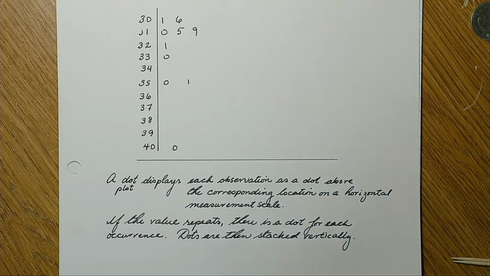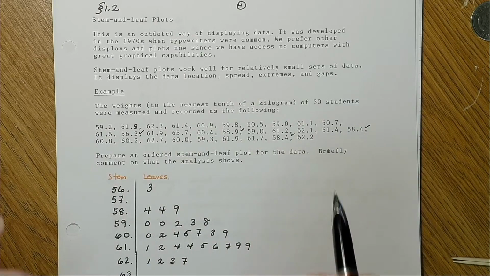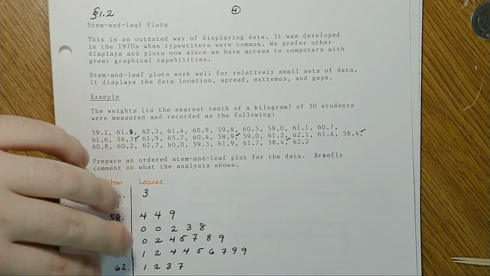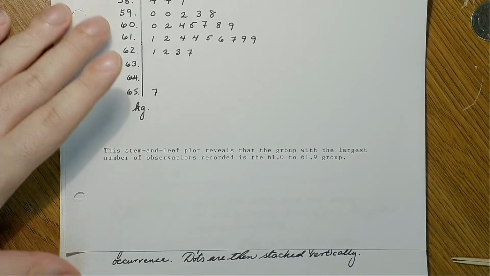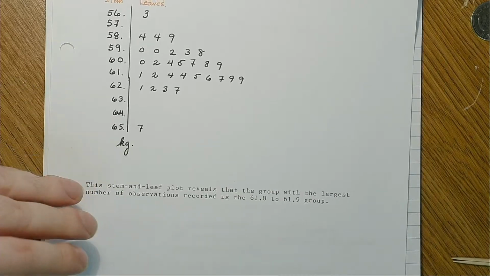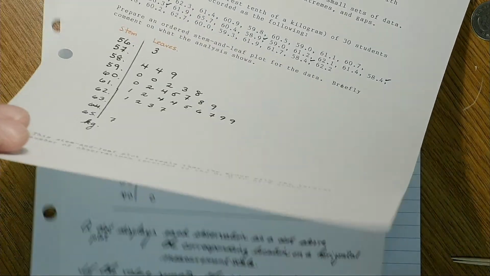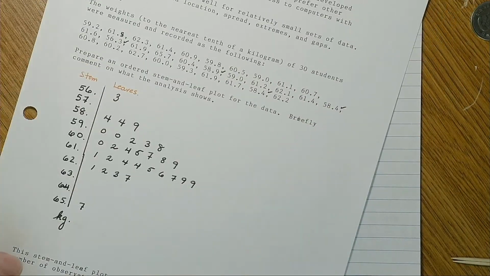So if I want to go back to the data here that we have with the weights and measurements, what I can do is convert this to a dot plot. Let me grab another piece of paper here.